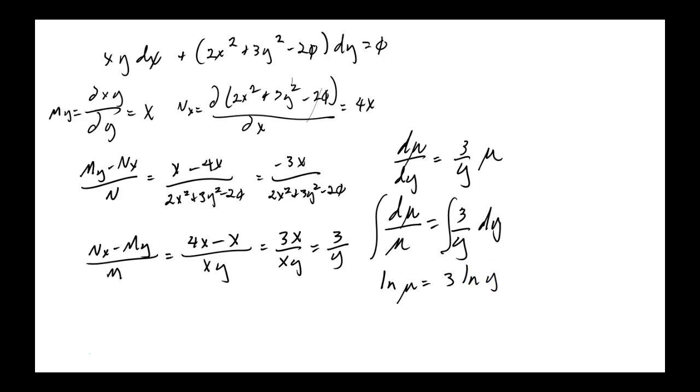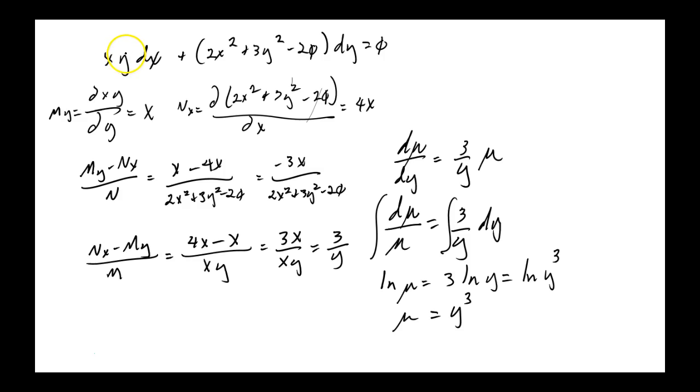Right? Well, let's change this and make that ln of y cubed. That's legal in most states, right? Now, e both of them. Right? And that gives us mu is equal to y cubed. There's our integrating factor. So come up here and multiply everything by a y cubed.